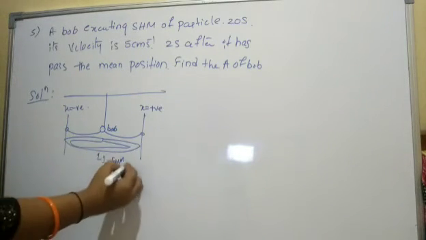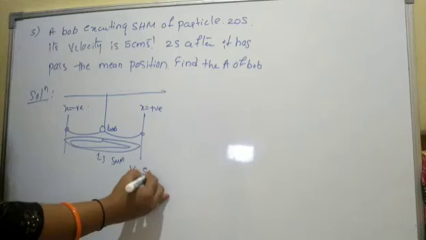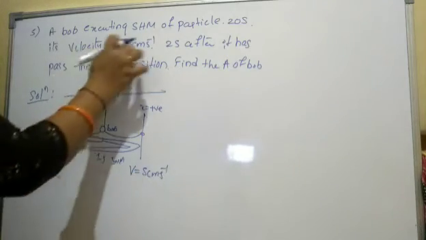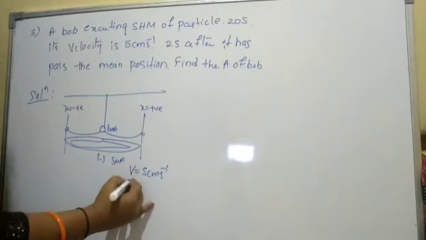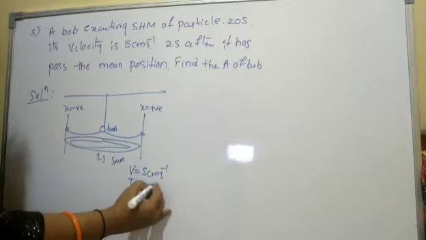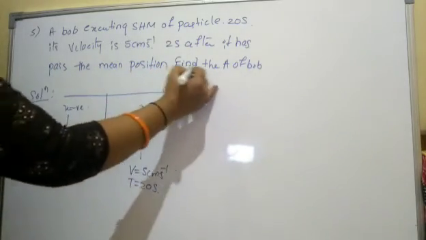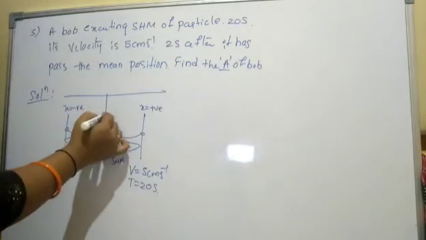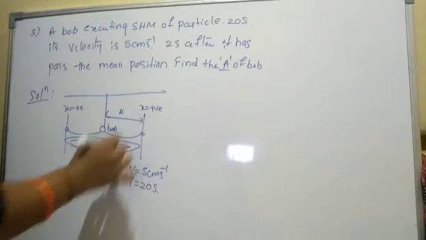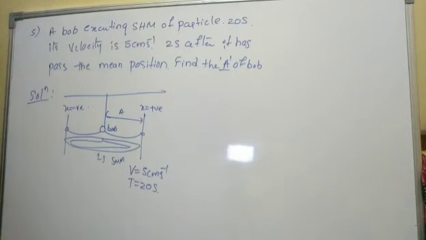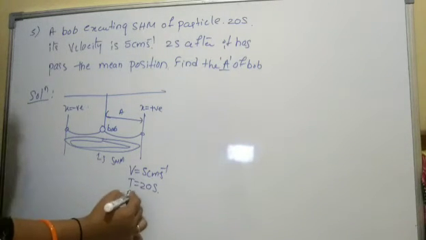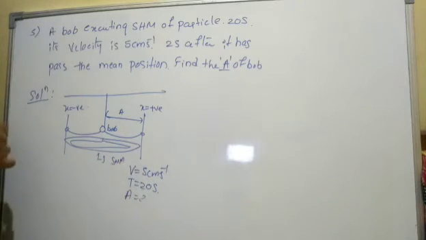Its velocity is also given, 5 centimeter per second, and the time period T is equal to 20 seconds. So we need to find the amplitude of the particle executing simple harmonic motion. That is the question asked.